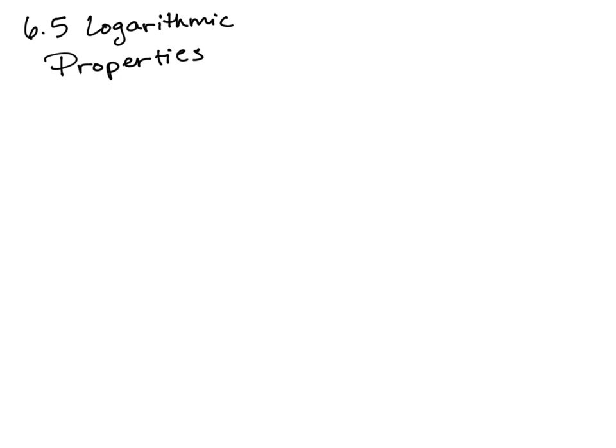I want you to remember a couple of things. One, log base b of 1 is what? Base to what power would give me 1? 0. Any base to the power of 0 gives 1.